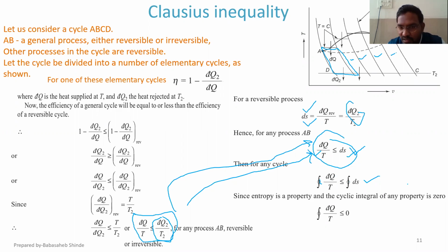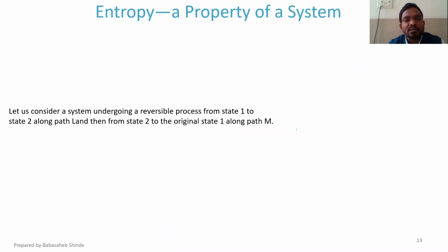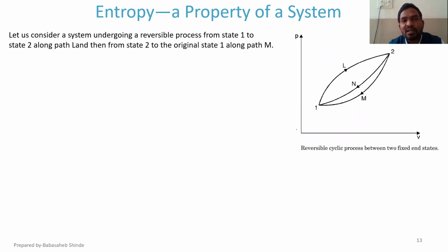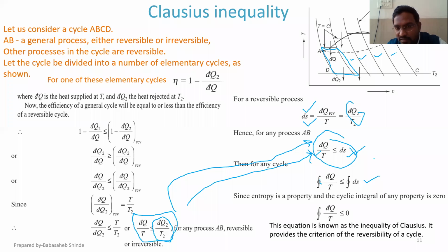Yes, sir. Now, in the past we have seen that, sorry, we haven't done that yet. Okay, we are supposed to look at that part in the next point. But here, let me consider that this is the cyclic integral of ds, that is the cyclic integral of change in entropy.